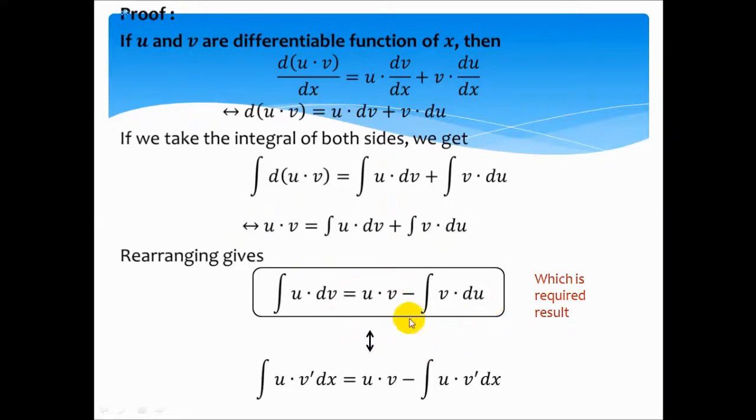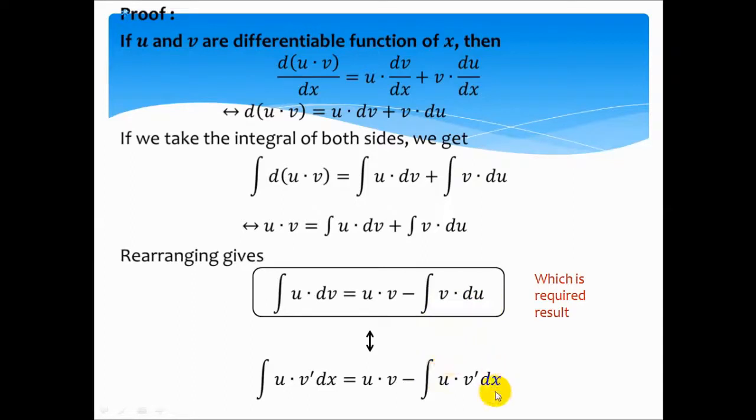So we can write it again: integral u times dv, where dv is the differential of v, which is the same as v prime times dx, right? And then u times v is still the same, minus integral v times du.